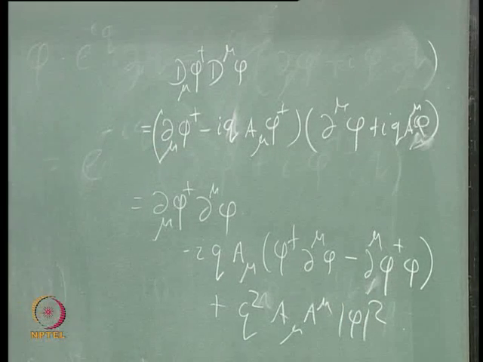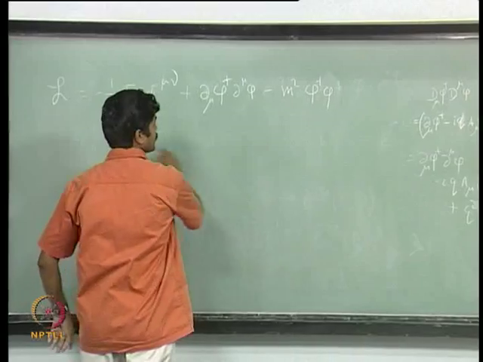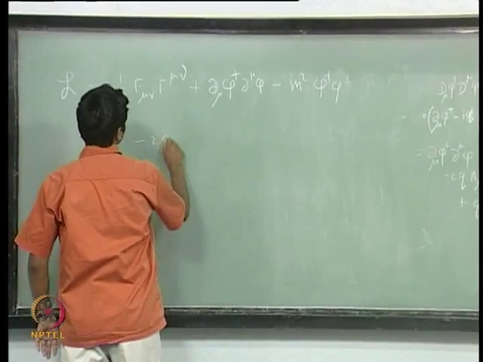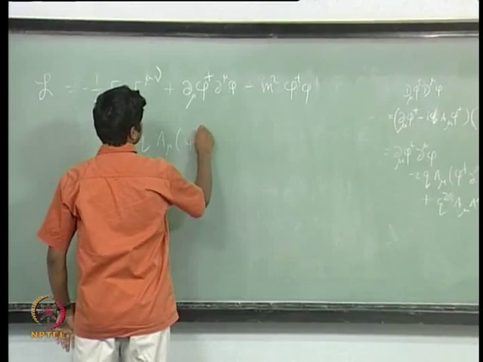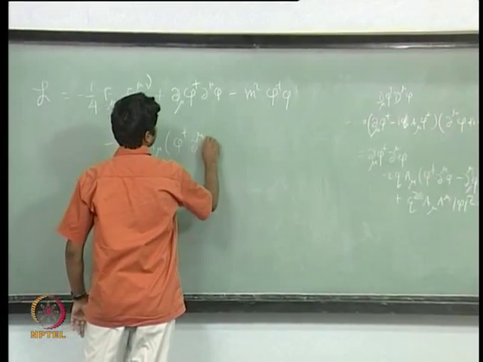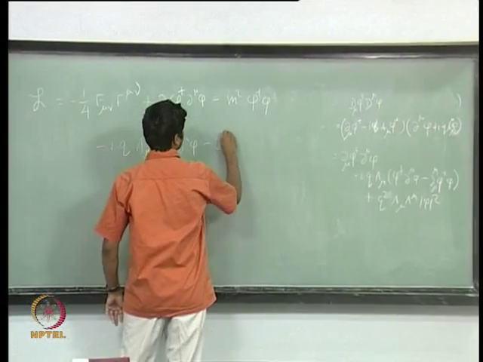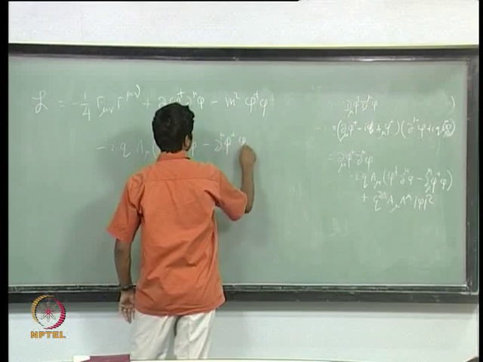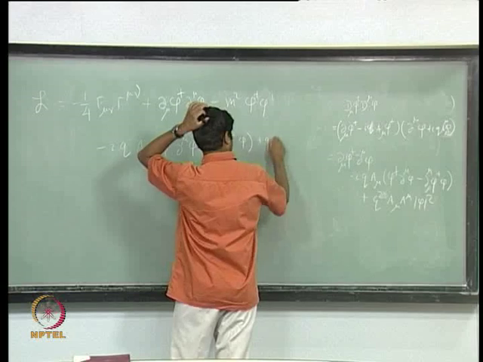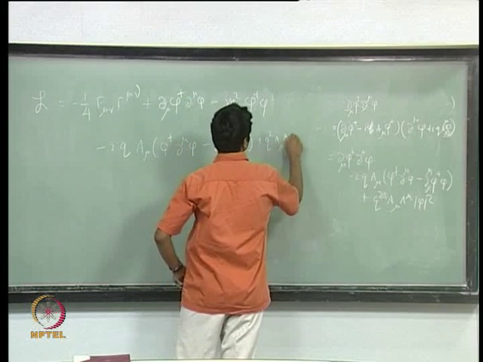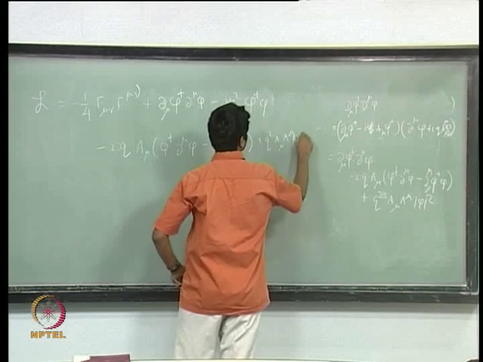So, the additional terms that you will get here are of this form: minus i q A^μ (φ† ∂_μ φ minus ∂_μ φ† φ), and then q² A_μ A^μ |φ|².